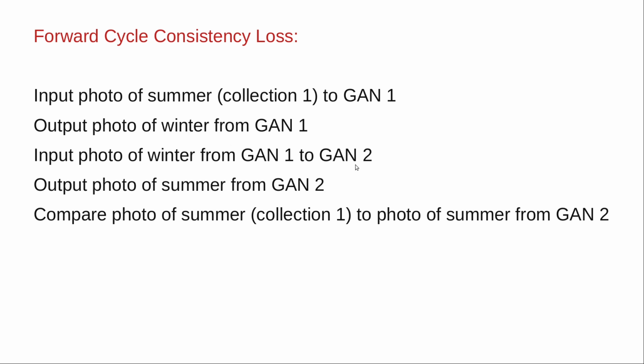Then GAN2 will produce summer images again. That is, after these two GAN cycles, the original summer images come out to be summer images again. Now compare the reconstructed summer images with the original summer images, and that will be your cycle consistency loss, which is forward cycle consistency loss.